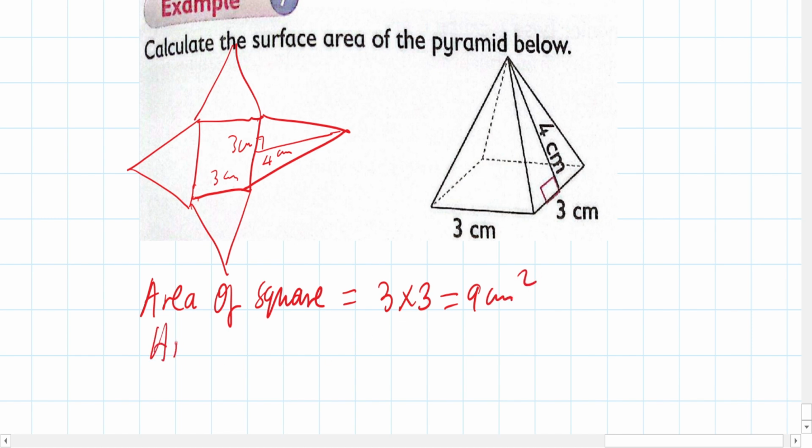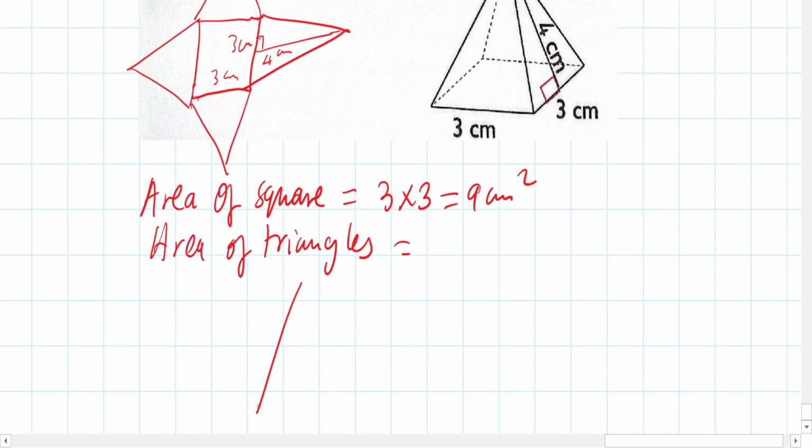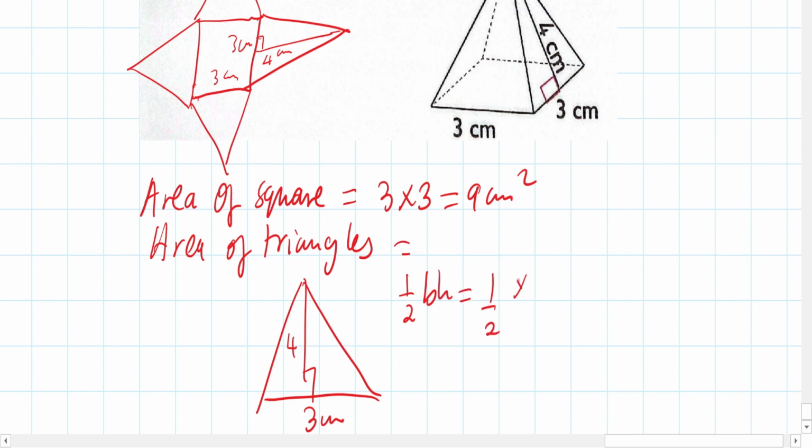Now the area of a triangle. Remember, we have 4 triangles, which is very easy to find because we already have the height: the base is 3 centimeters and the height is 4. So just take a half times base times height, so a half times 3 times 4.